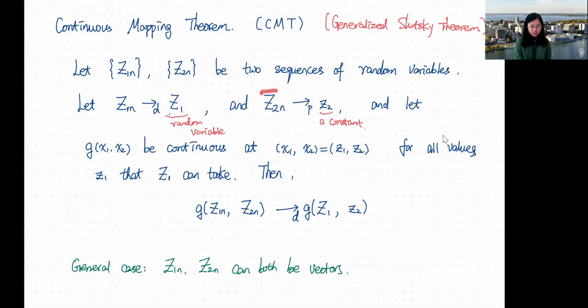And joint convergence in probability is equivalent to just element-wise convergence. So convergence in probability of a random vector to a constant simply means that each element of this random vector converges to the corresponding element of this constant vector.